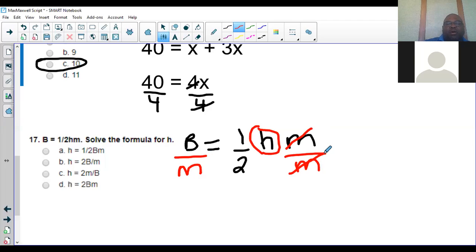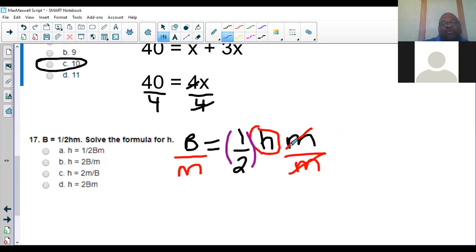Okay. All right, now I'm going to ask the same question here. When I have 1/2, what am I doing with the 1/2 to the H? Am I adding it, subtracting it, dividing it, multiplying it? Multiply. I am multiplying, okay? So I undo multiplication by dividing.